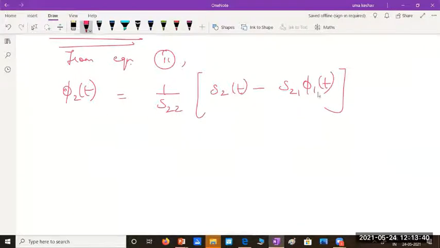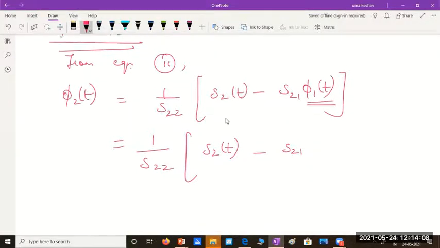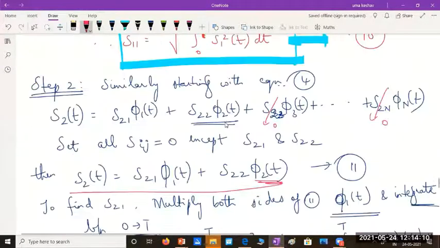All these terms we know. These two values we have already defined. S22 also we have already defined. So if I go one step further in simplifying this, 1 by S22, I'll bring it to a standard form where we can represent all the equations. S21 we know. What was phi 1 of t which we had written?